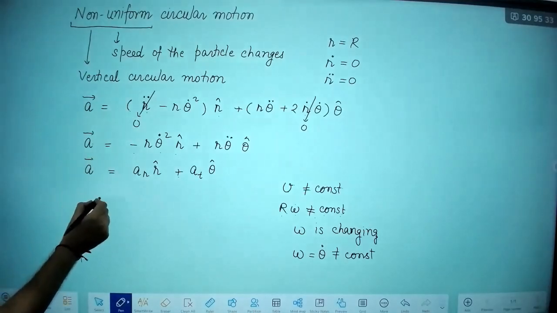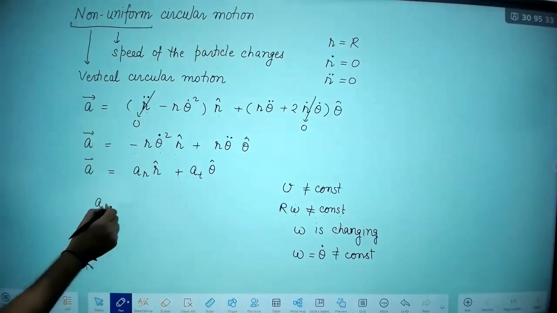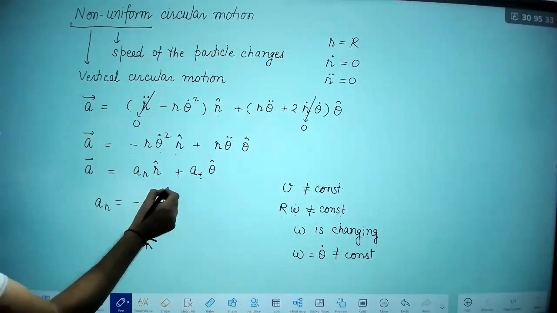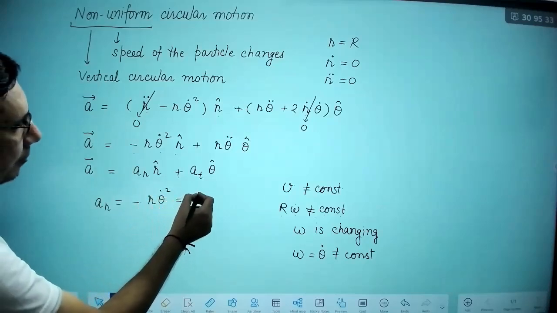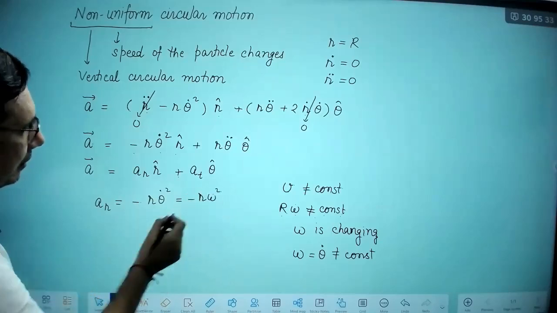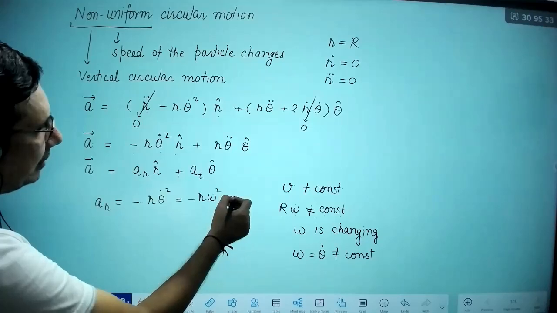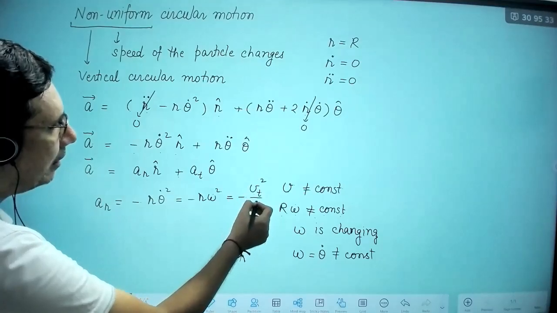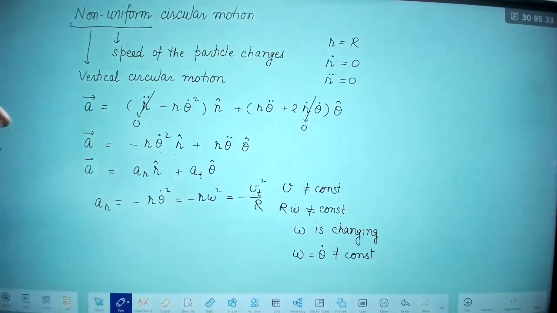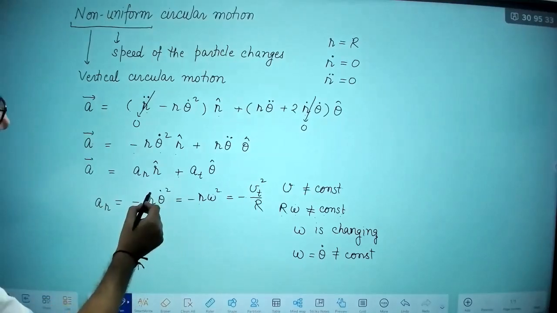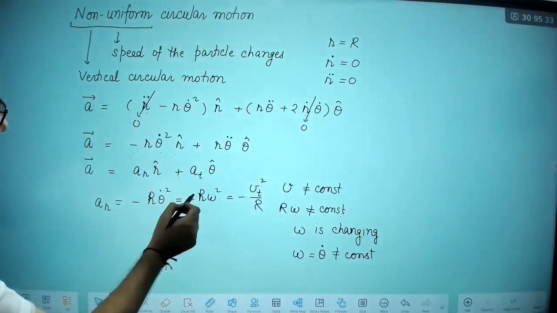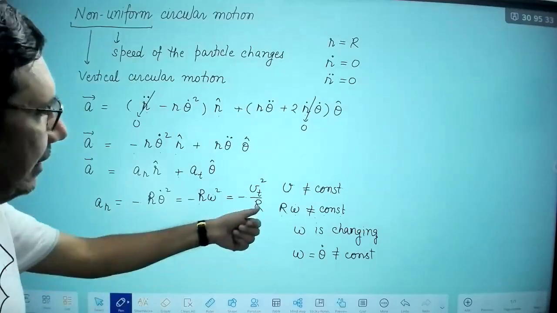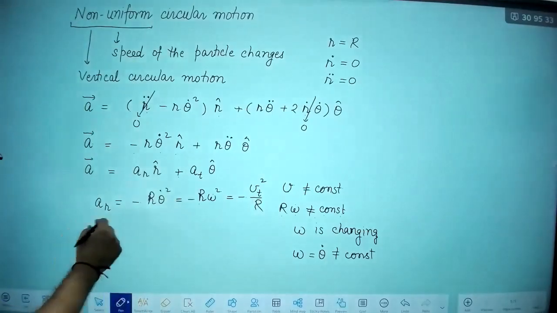So two types of accelerations are there. Radial acceleration will be inward, minus r theta dot square, or you can say r omega square, or I can also write it as minus v tangential square upon r, where this radius r is capital R. So there will be a radial component of the acceleration acting inward, toward the center, and you call it centripetal acceleration.